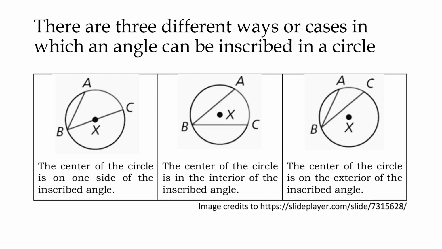Then there are three different cases in which an angle can be inscribed in a circle. In the first image, the center of the circle is on one side of the inscribed angle, meaning a side of the inscribed angle passes through the center of the circle.